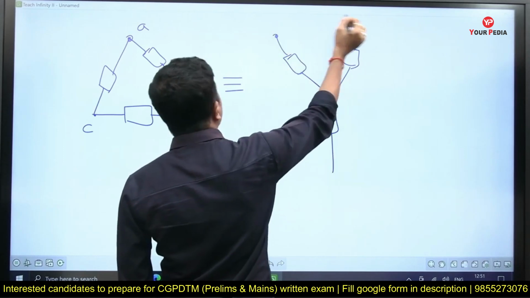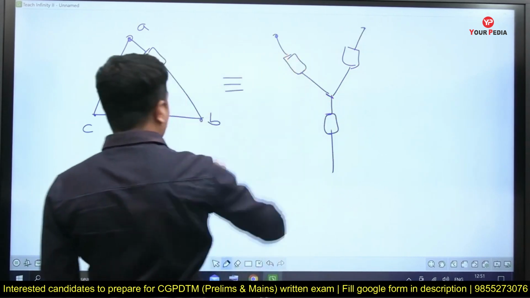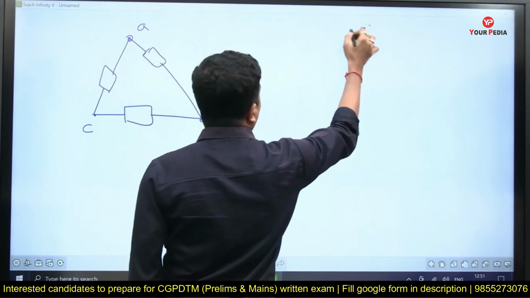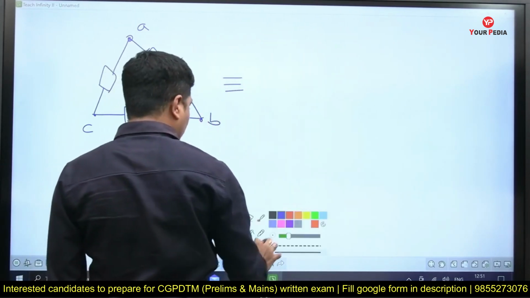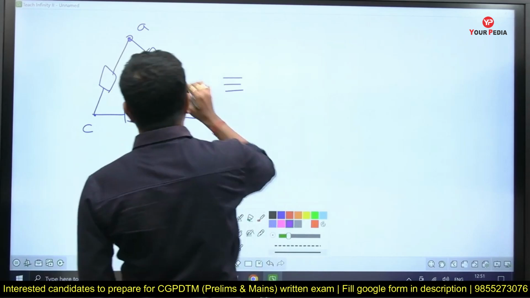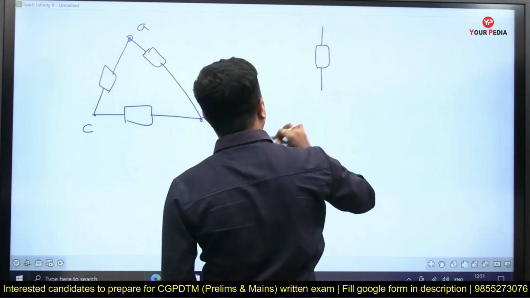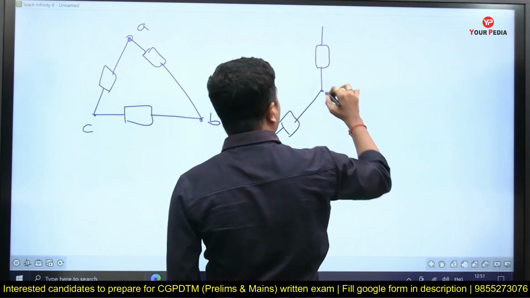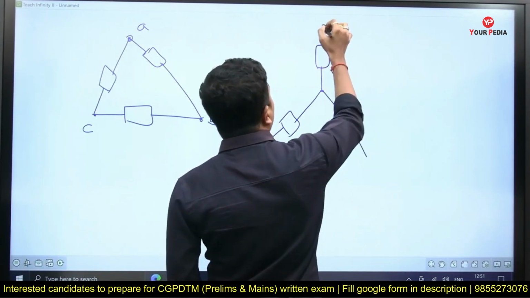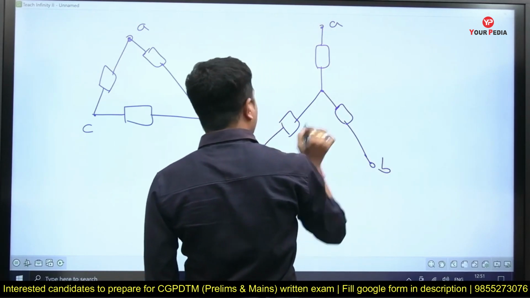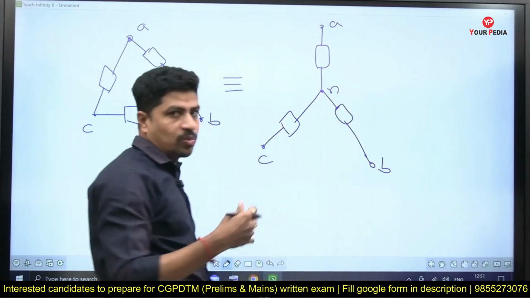Between here there is one impedance, here there is another impedance, here there is another impedance. This point is A, this point is B, this point is C, but here a hypothetical neutral is possible.